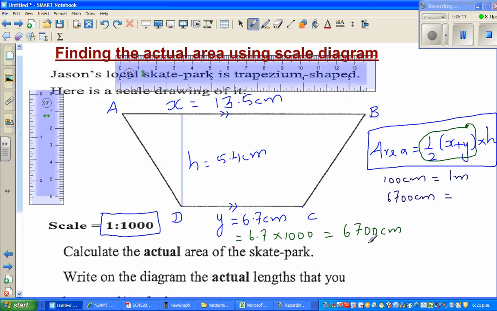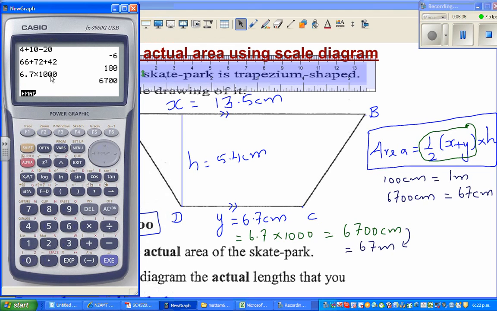You divide by 100, and that is 67 meters. Am I right? 6,700 centimeters is 67 meters. To change centimeters into meters, you divide by 100. So first you multiply by 1000 to get centimeters, and then divide by 100. That will give you 67 meters.